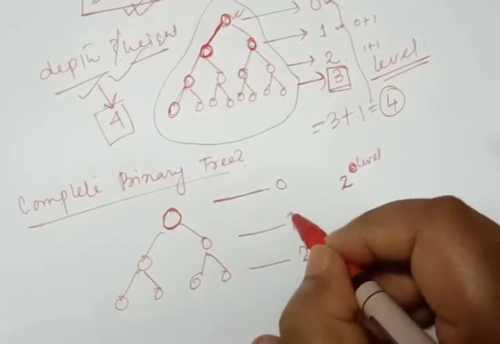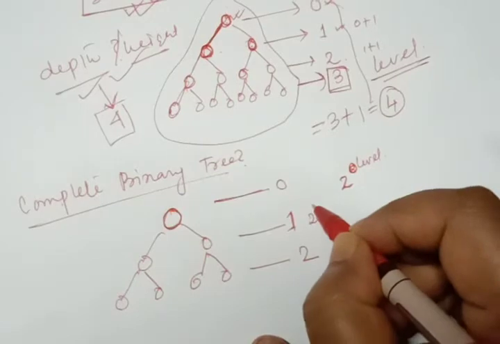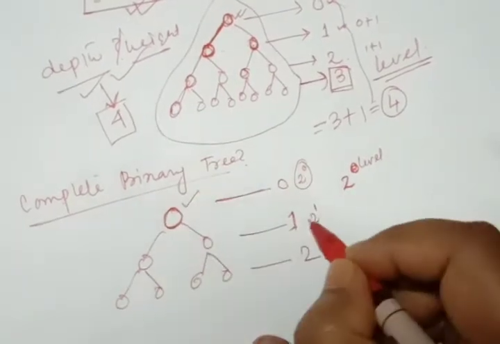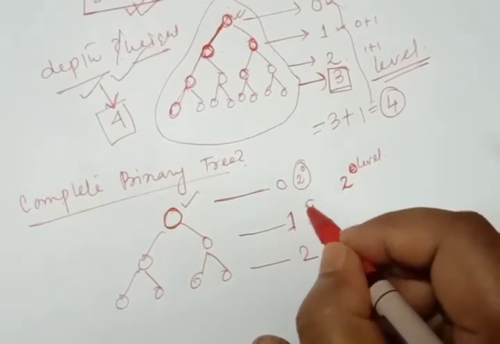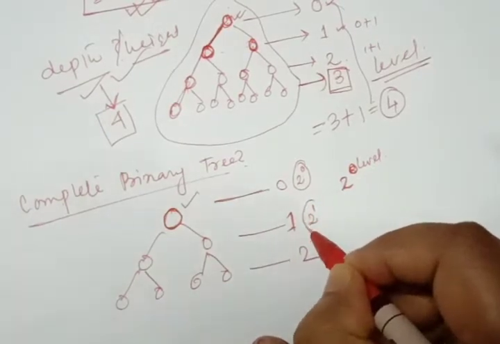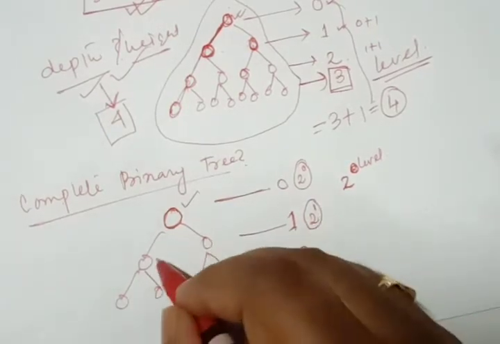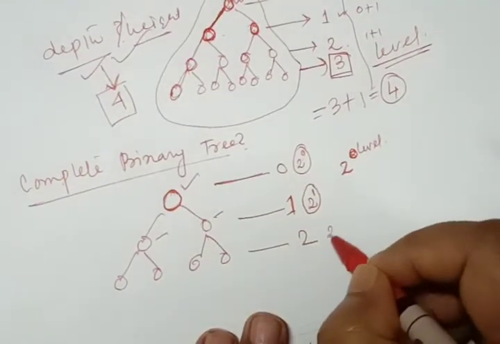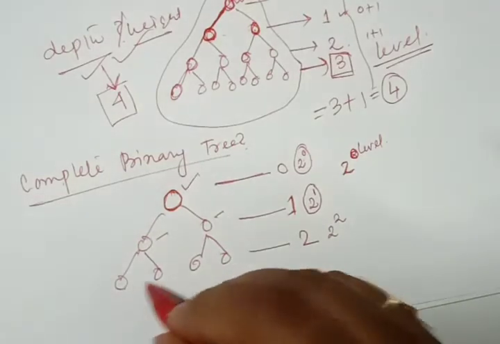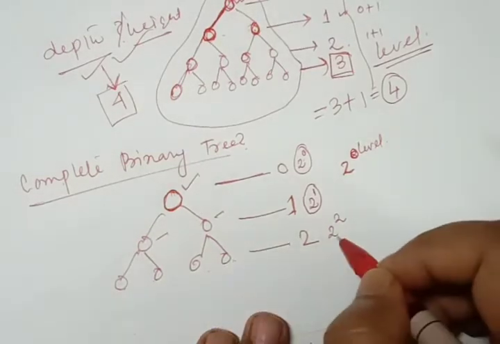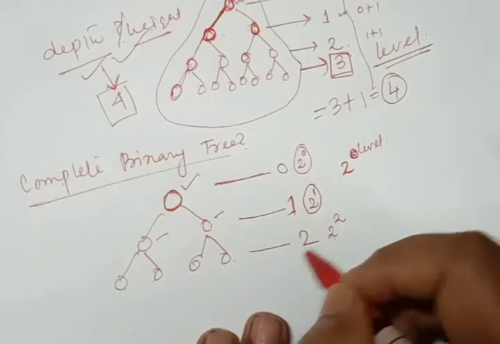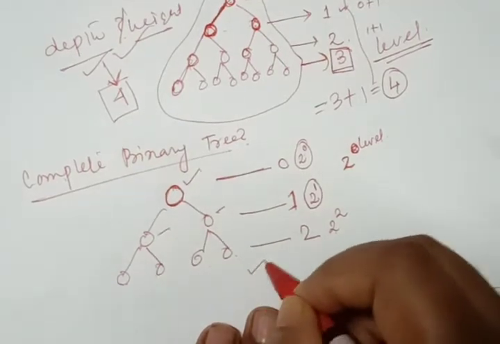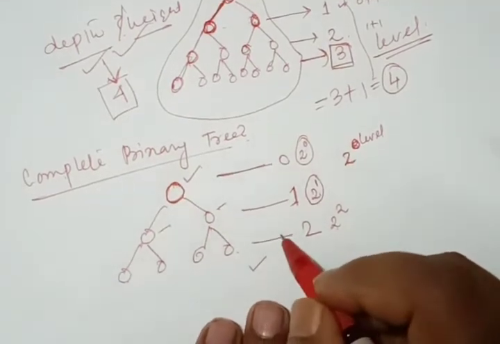Then in the first level we can provide 2 to the power 1, so there are 2 nodes. And here the level is 2, so 2 to the power 2 is 4. So maximum here we are providing 2 squared, that is 4 nodes. So this one is a complete binary tree.